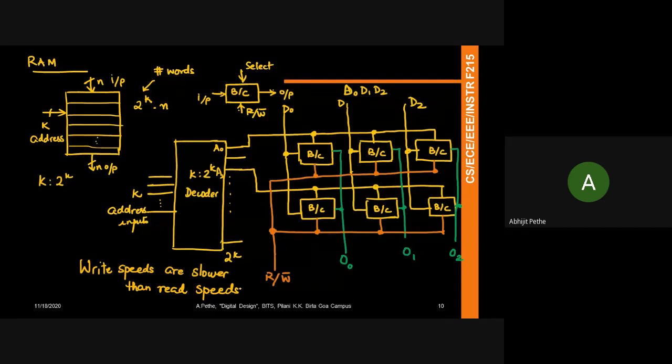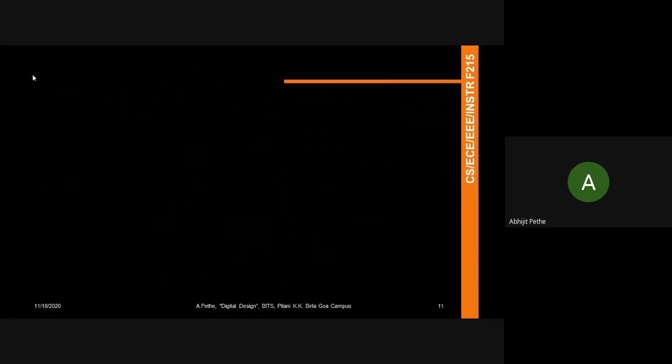So again, the key point I want you to remember is about this decoder, right? Always remember that a memory is organized using a decoder. Now that decoder is going to give you access to a particular word. So if you think about the simplest design for a k to 2^k decoder, it will be made up of what?